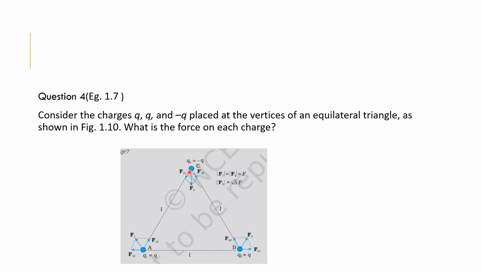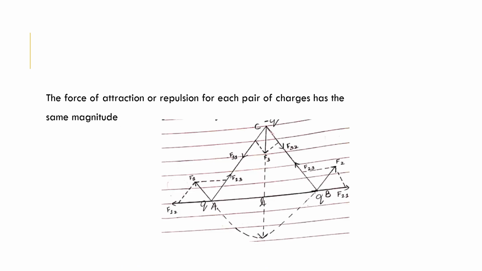So F31 will be towards it, it is attractive. F32 also will be towards this since it is attractive. So the resultant of these two will be F3. Like that you have to mark the angles. These directions you have to mark.